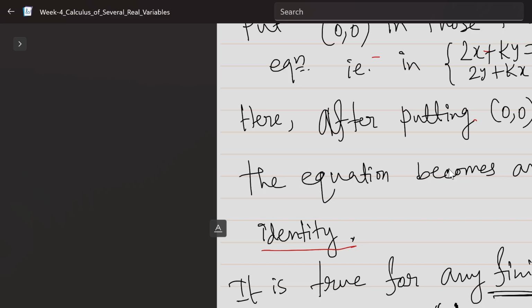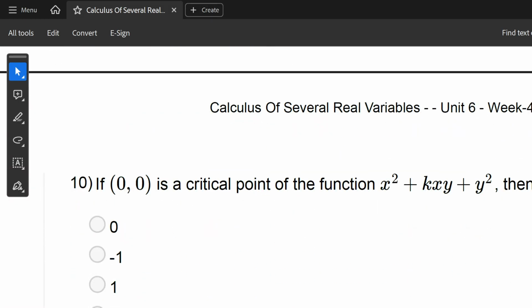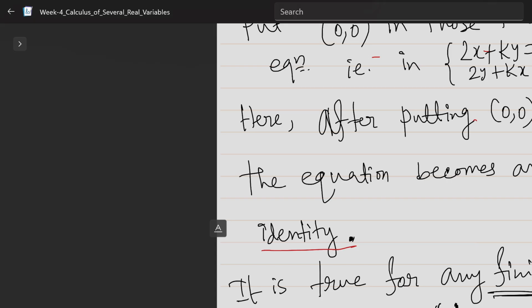You solve an equation for particular values, but an identity is true for all values. So the answer is any finite real value of k. Infinity is not an answer. So option D is the correct option. The answer is option D.